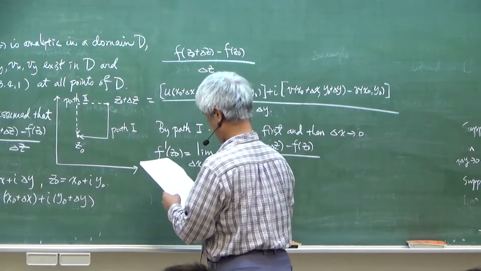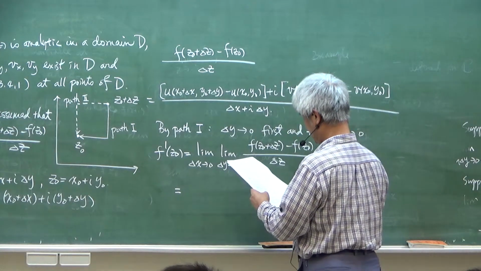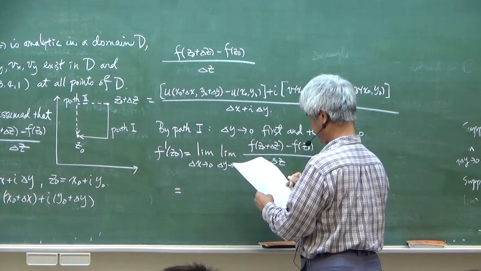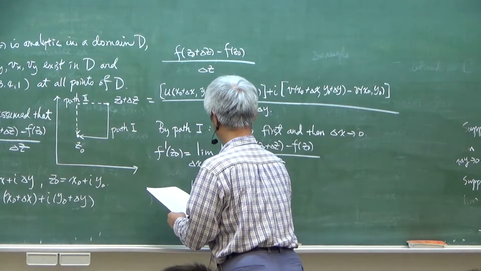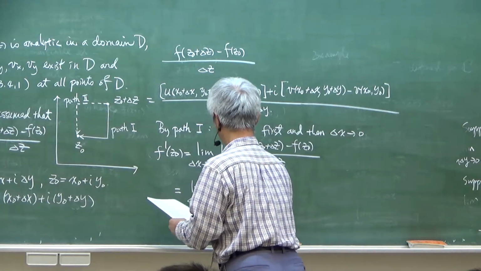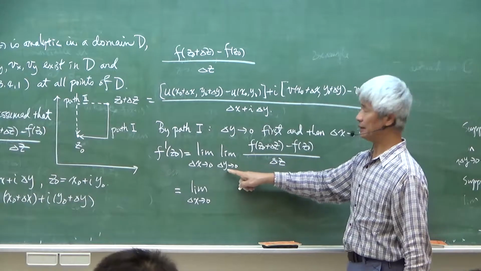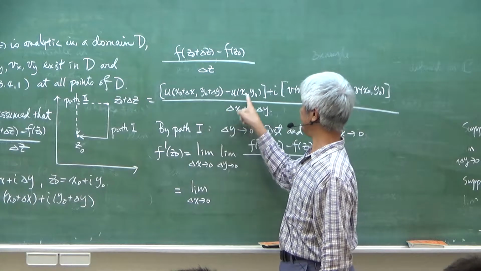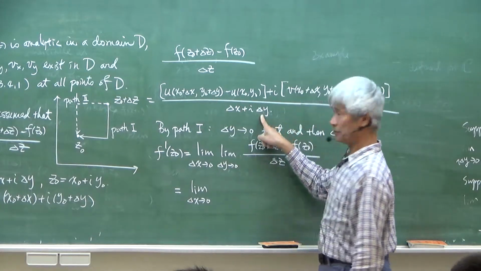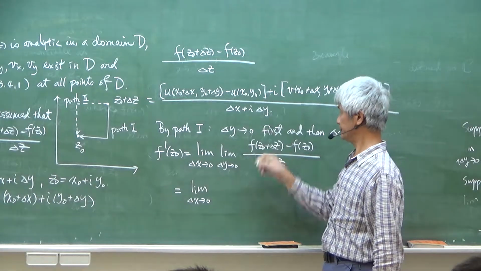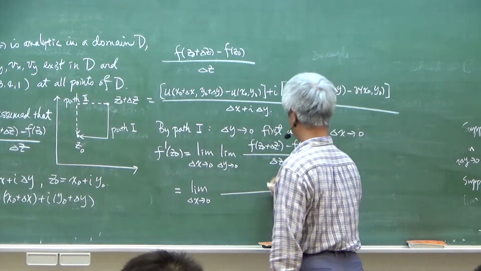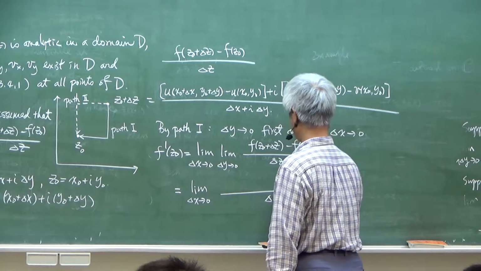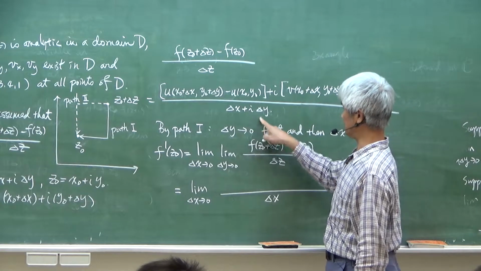Now, first of all, when delta y goes to 0, the denominator is delta x, because delta y equals 0.